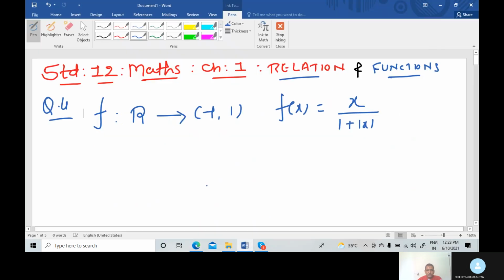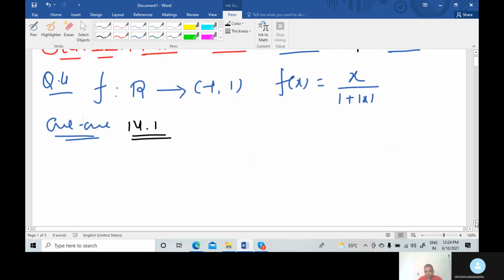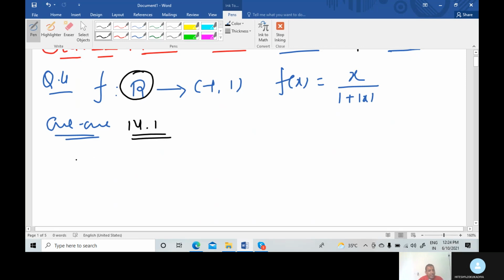Now we discuss one-one and onto. First we discuss one-one, right? Method number 1. First method, we place different values of R, different values from the domain.